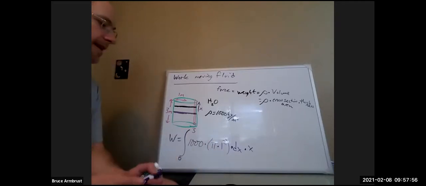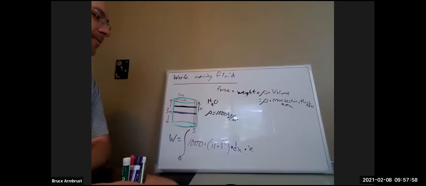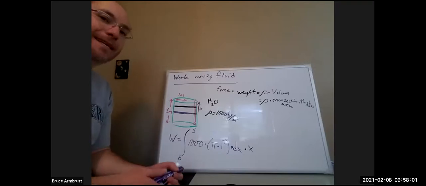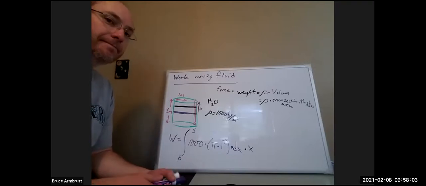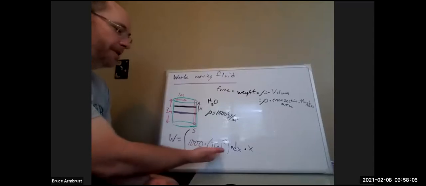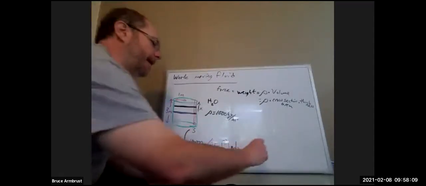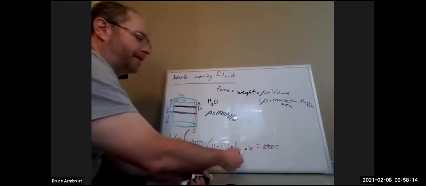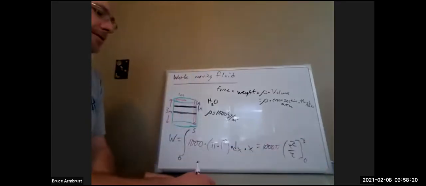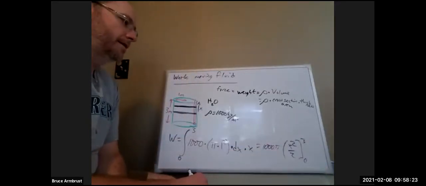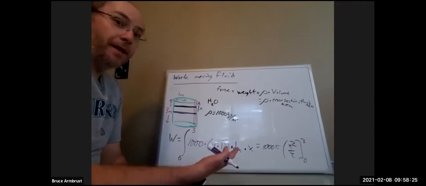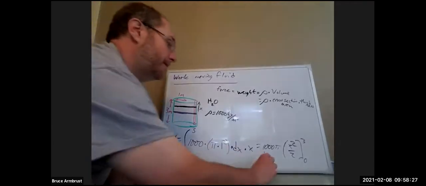So this integral right here is going to get us the amount of work that we need to do to empty this tank. Notice that almost all of this is constant. I've got 1,000 pi, so I can pull that out. I'm integrating x dx, so that's going to give me x squared over 2, going from 0 to 3. So I can plug in my 3, I can plug in my 0.